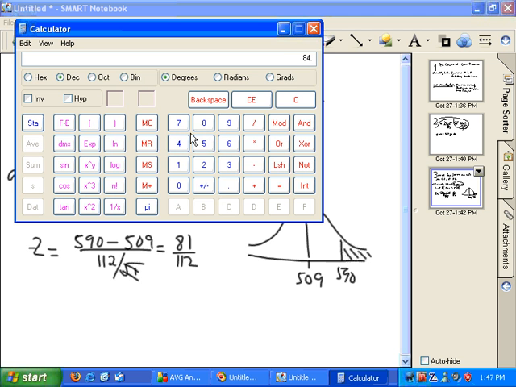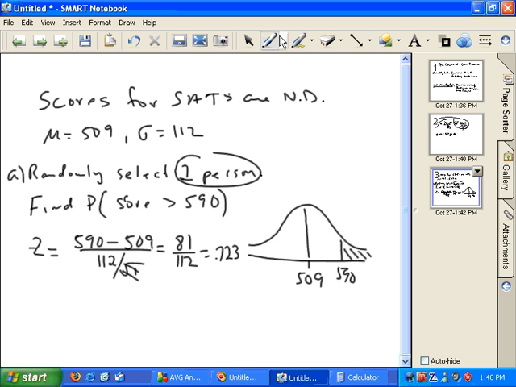Okay, so 81 divided by 112 is 0.723. And that's the number we look up on our famous table for z-scores.